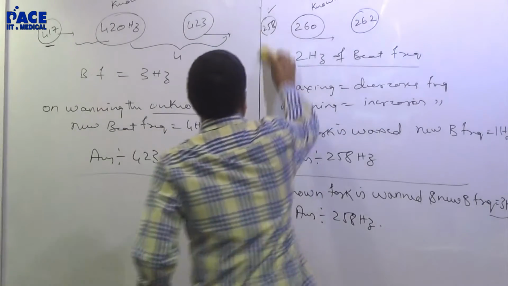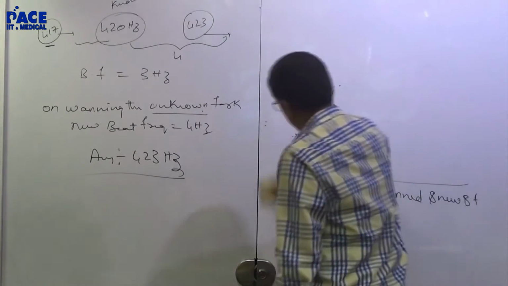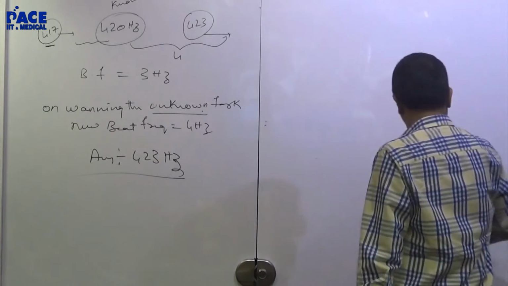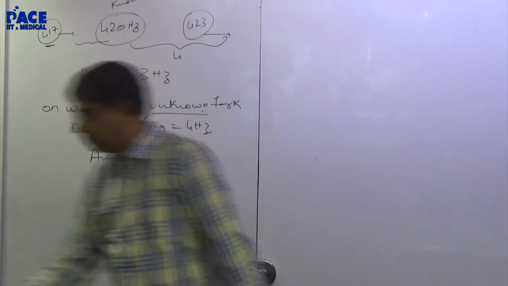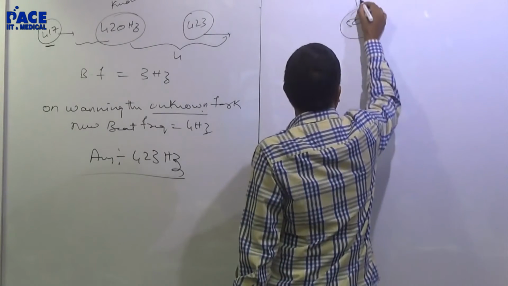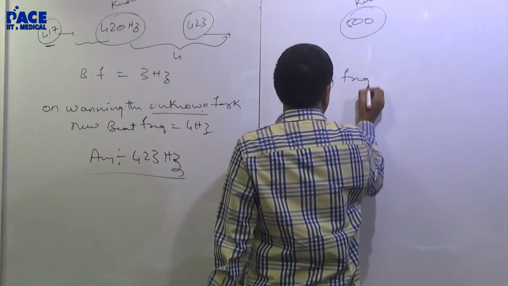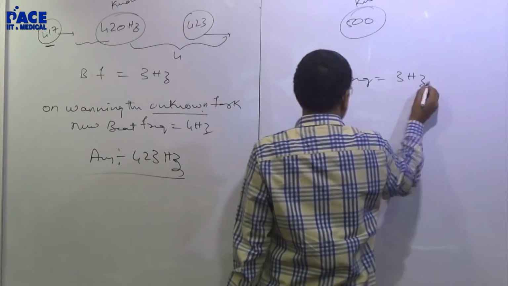One more example. If I take 500 as the known tuning fork, the beat frequency is 3 hertz.